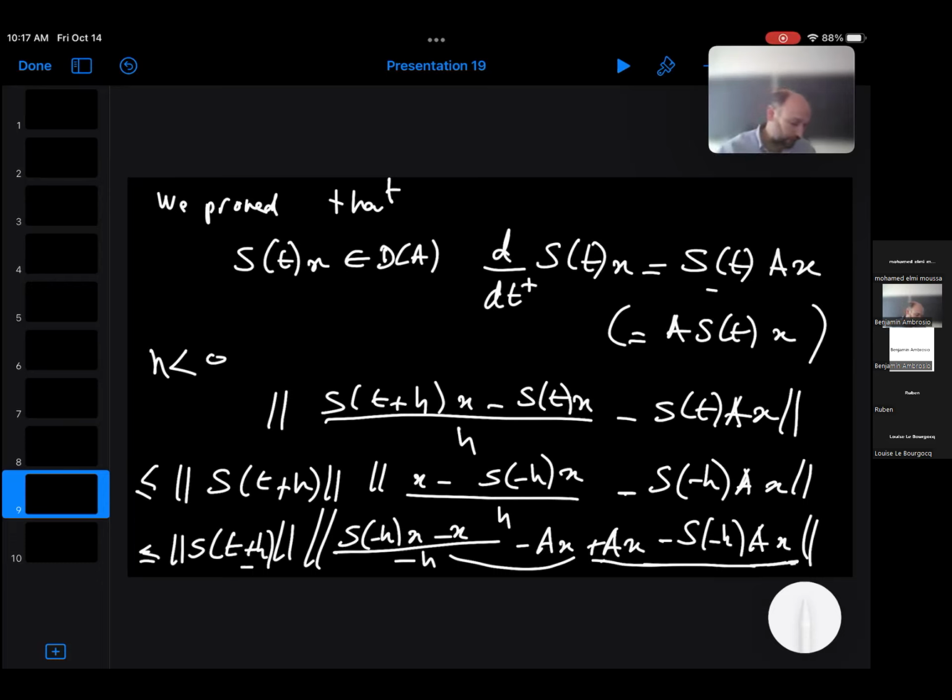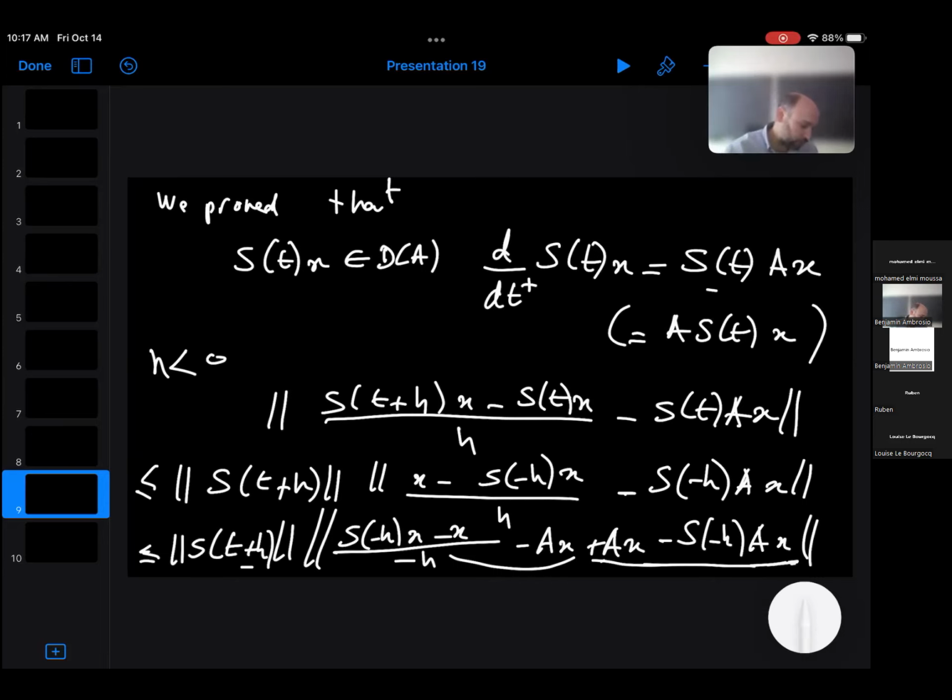And then this is bounded by M exponential omega (t plus h), and so we're good. And that's it. So we proved that.